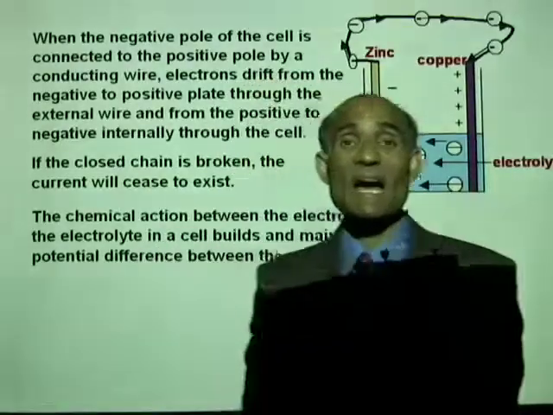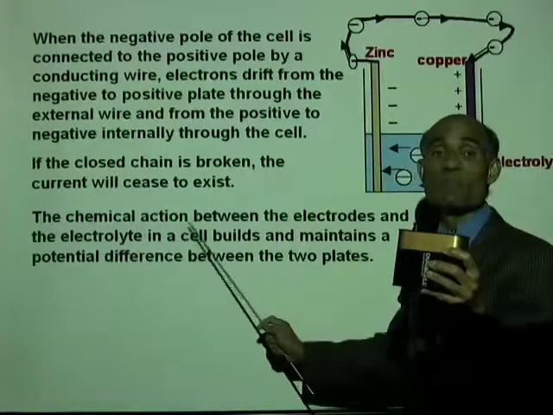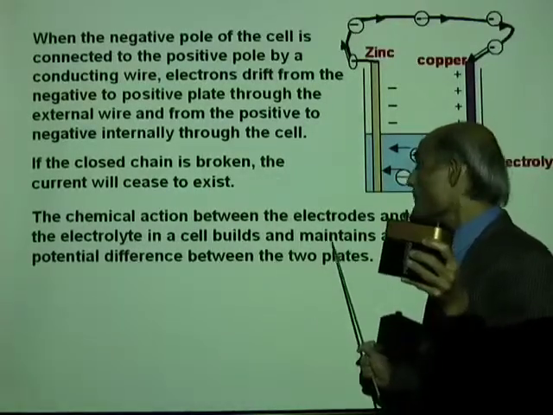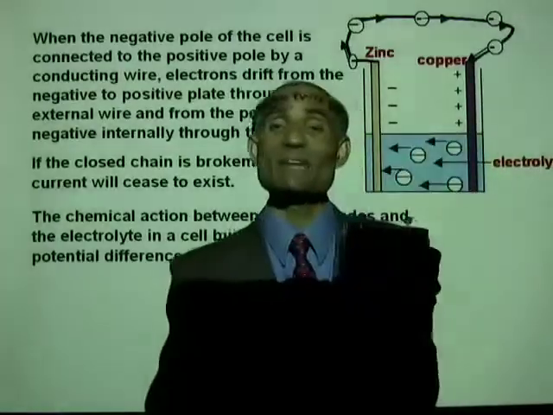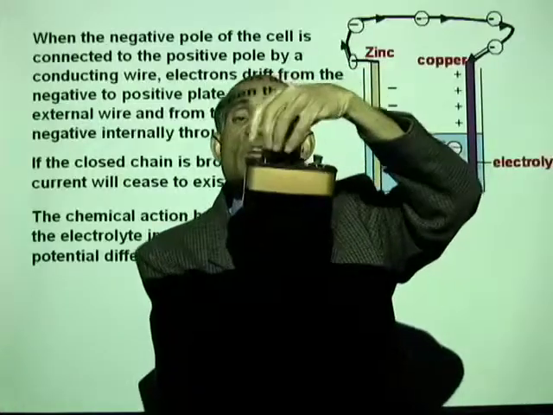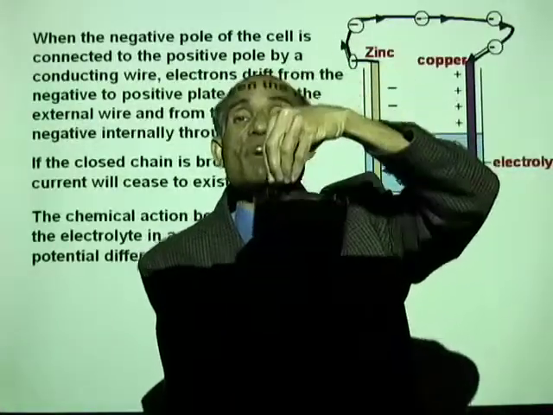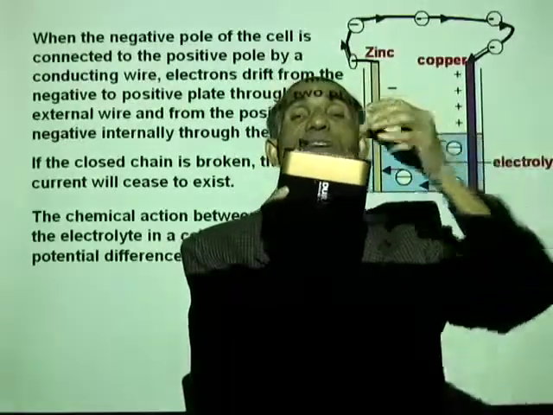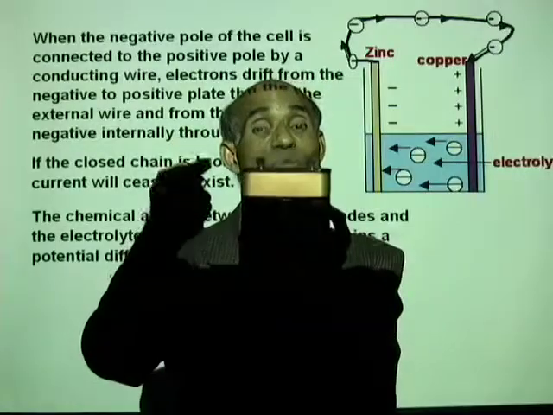The chemical action between the electrodes and the electrolyte will build and maintain a potential difference between the two plates. So there is a potential difference between the two electrodes, the positive electrode and the negative electrode. I can now measure it by using a voltmeter.